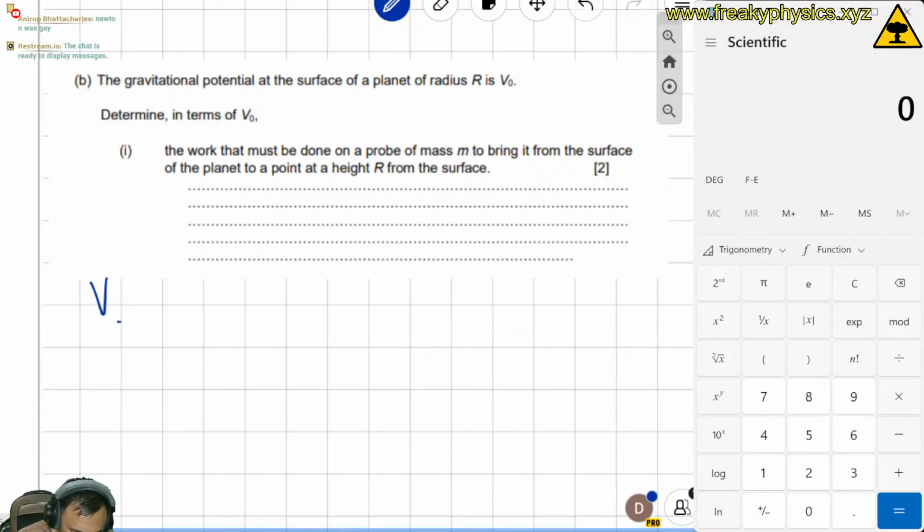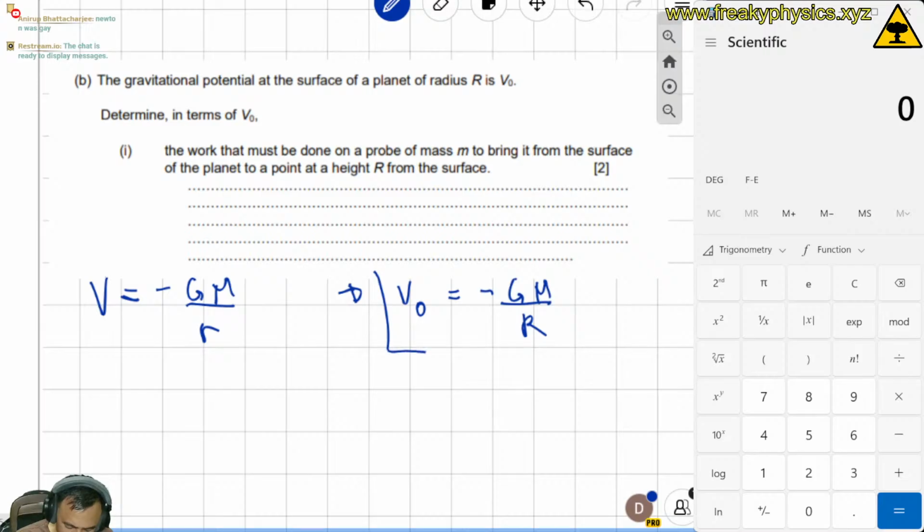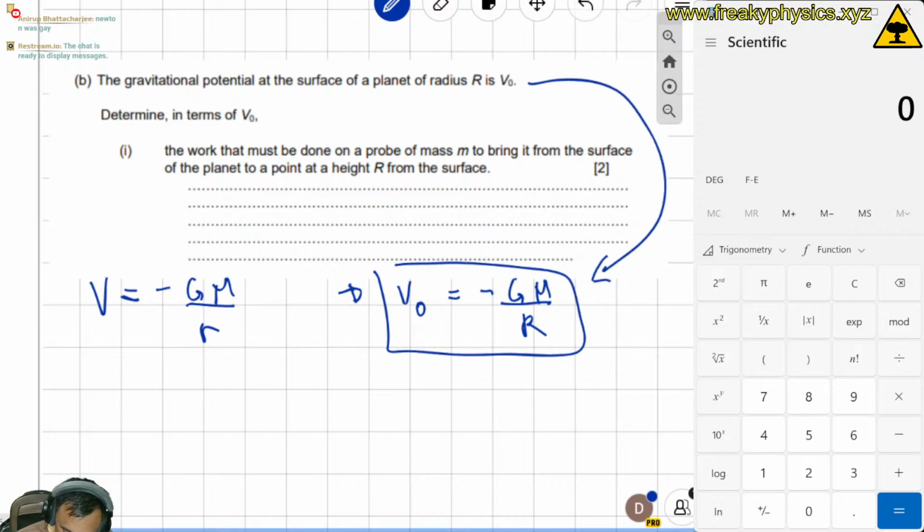Since we're talking gravity only, let's just keep it at V. It's going to be negative G times the mass of the planet over the distance. In this case, I'll use small r for the distance so we don't confuse it with the big R. Now, it is defined here that at radius R, on the surface, it's V0. So V0 is negative G times the mass of the planet over big R, by definition.